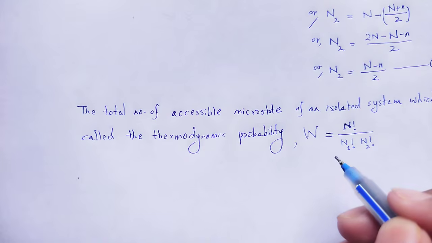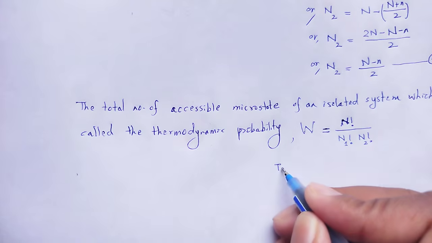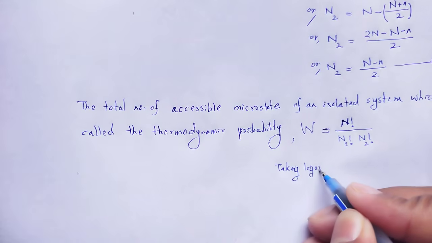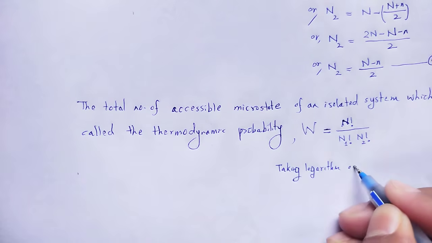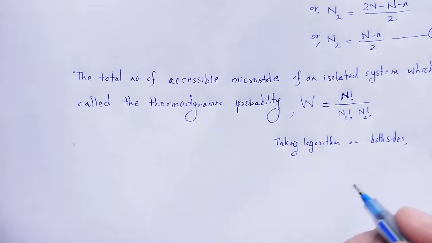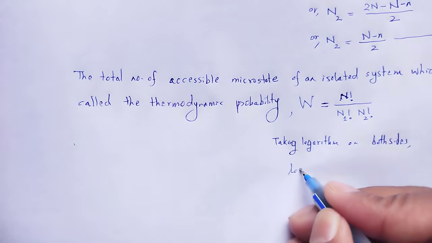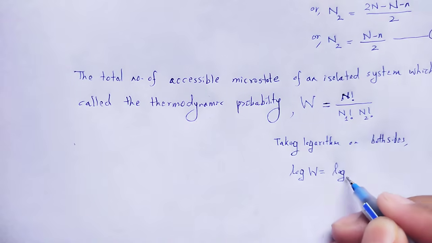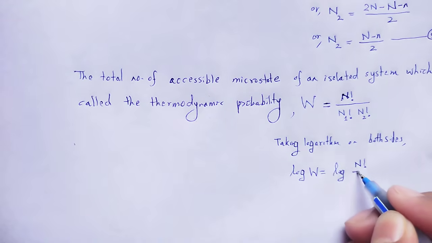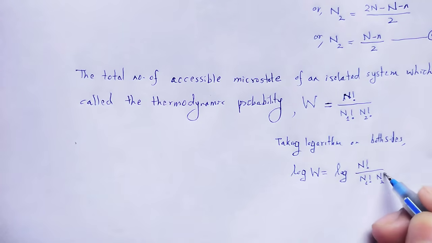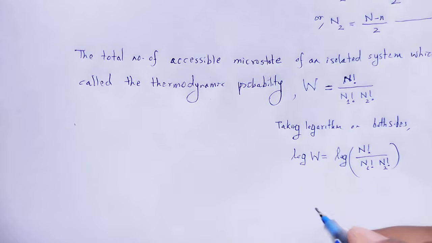Taking logarithm on both sides, log W is equal to log of N factorial divided by N1 factorial into N2 factorial.